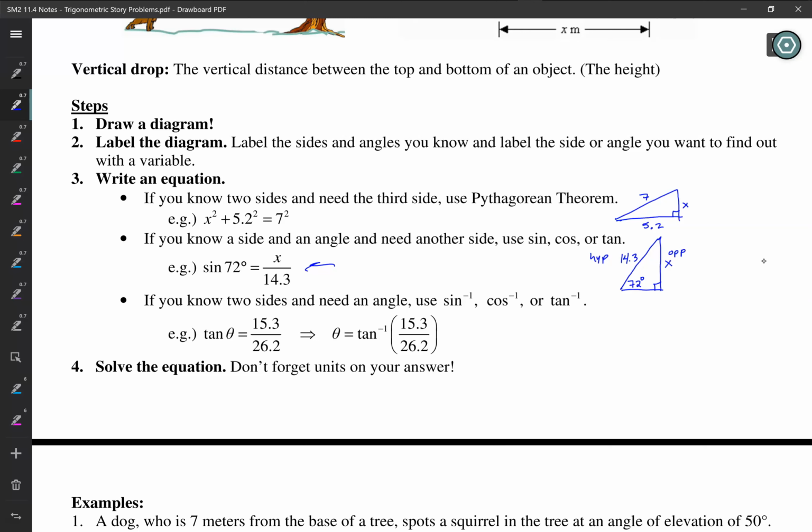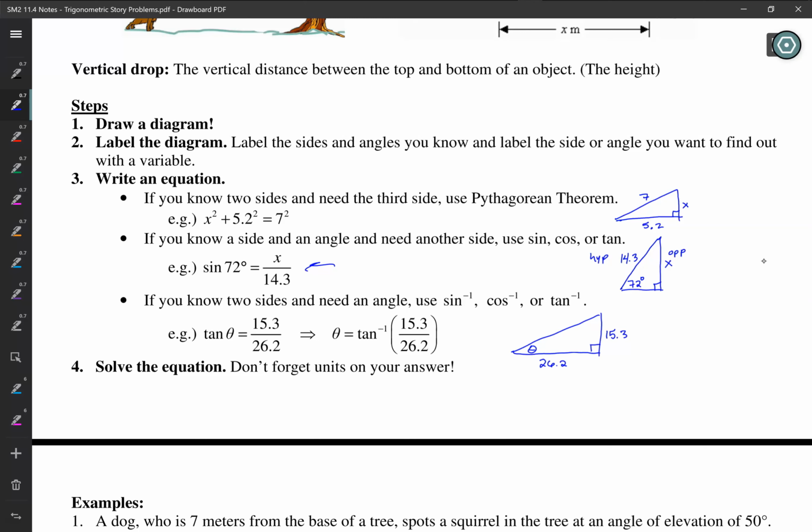And you also might have a situation where you're trying to figure out an angle of elevation or an angle of depression. So for instance, maybe you have this triangle right here, and you know that this side is 15.3 and this side is 26.2, and you're trying to figure out how big that angle of elevation is.